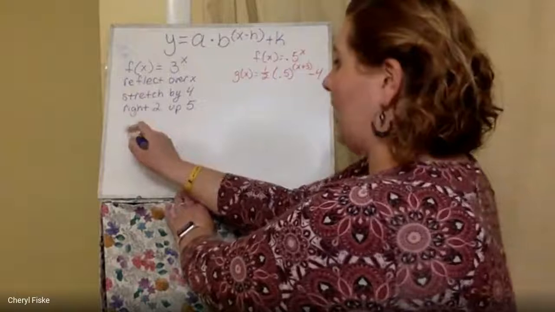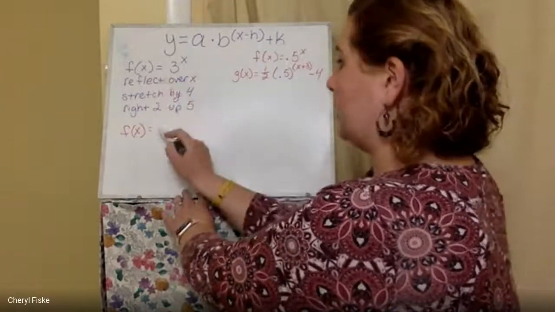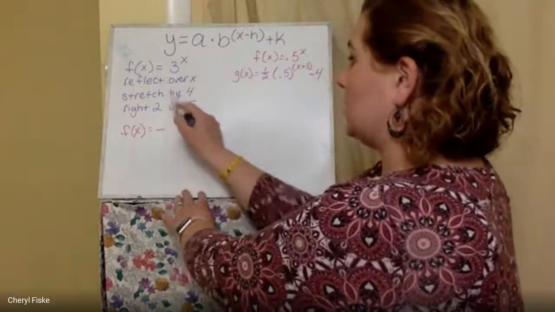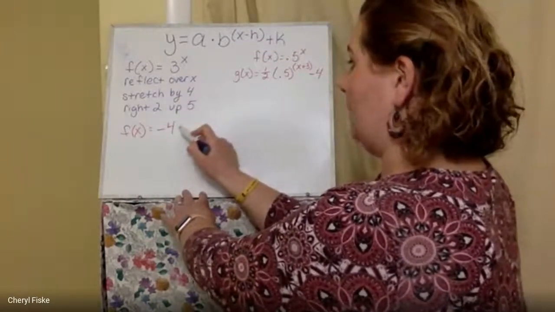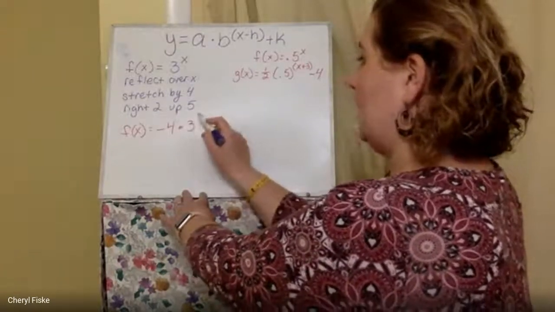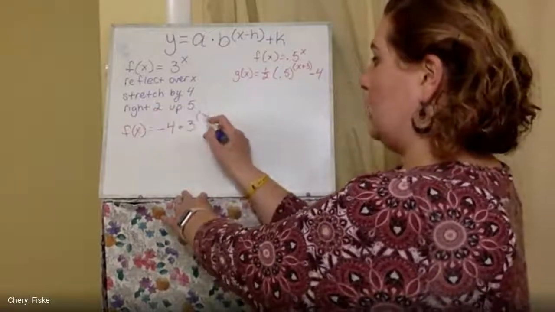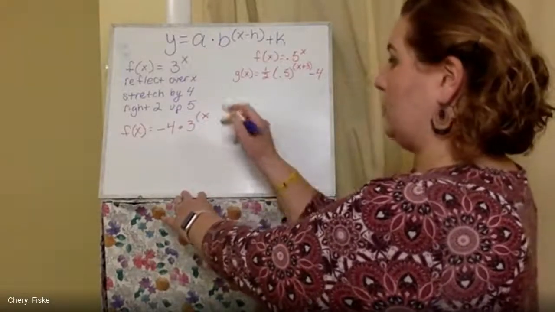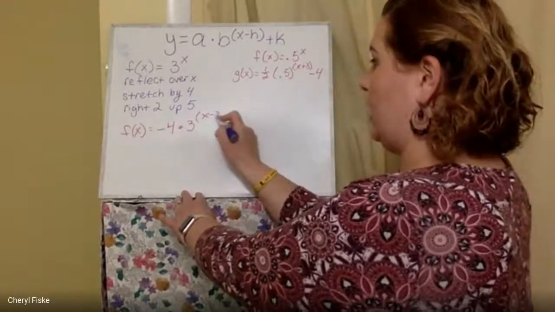So here's my f of x. A reflection puts a negative. A stretch by 4 puts my 4. Now I have times. Now it was 3 to the x, but I want it to go right 2. If I want it to go right 2, I would want a plus 2, but remember it does the opposite of what you think.